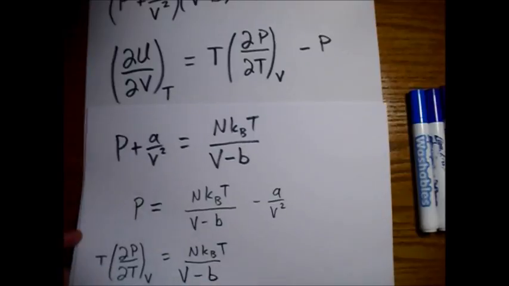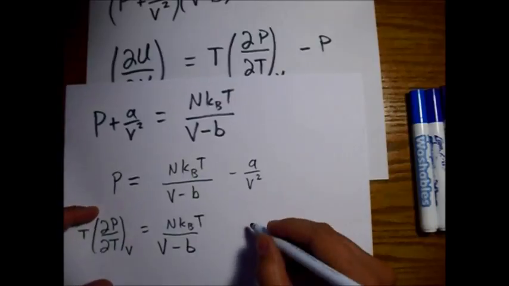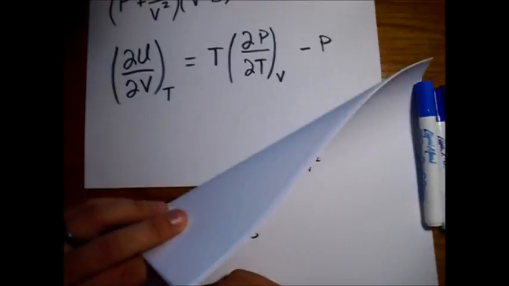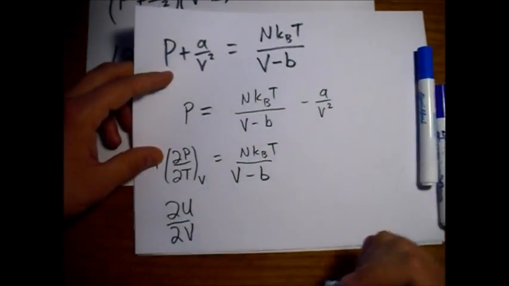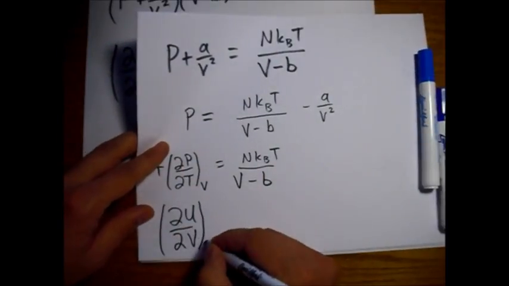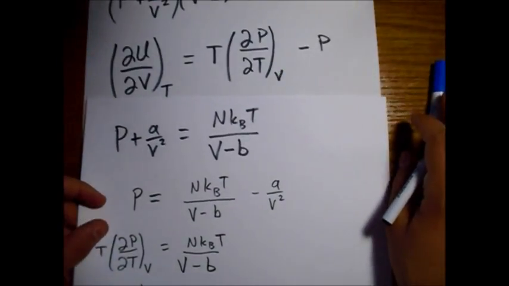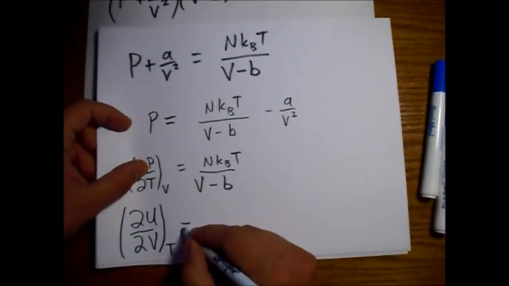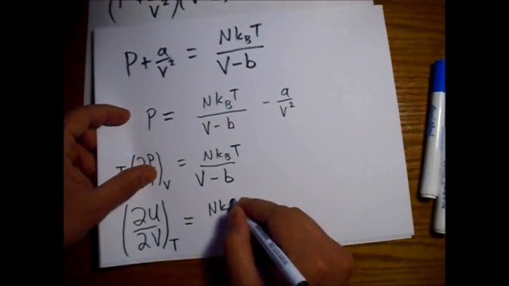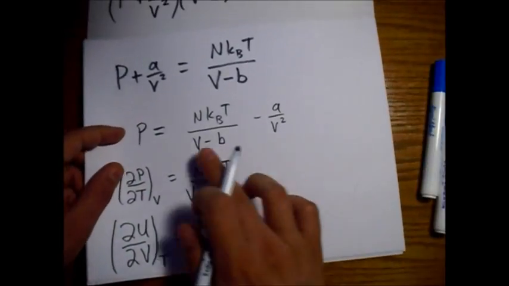So when we calculate this dU by dV, at constant temperature, now we plug in our pieces. First we have this, which is just what we got right here, and then minus the pressure.